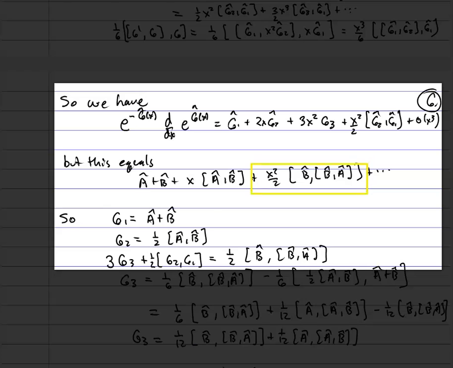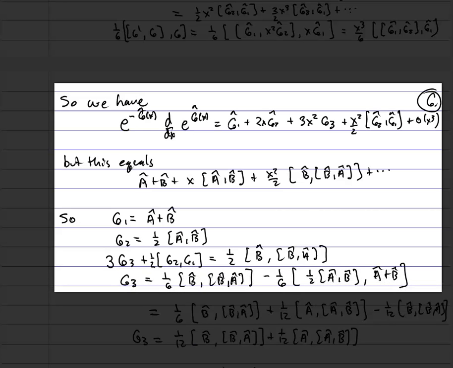3g3 plus 1/2 the commutator of g2 with g1 is equal to 1/2 the commutator of b with the commutator of b with a. Now to calculate this, I have to substitute in what g2 and g1 are and rearrange. Let me move that 1/2 commutator of g2, g1 over to the right-hand side and divide the whole thing by 3.